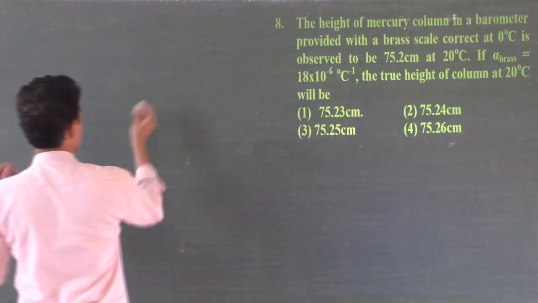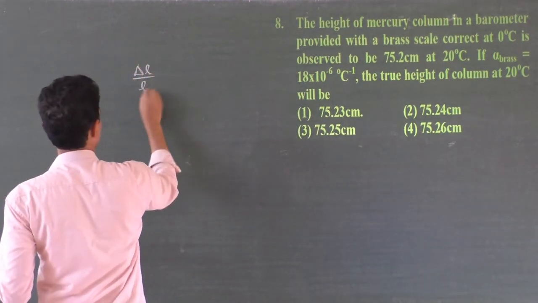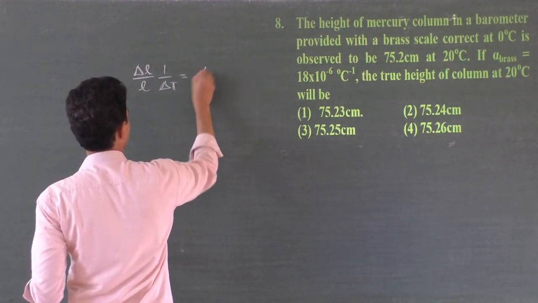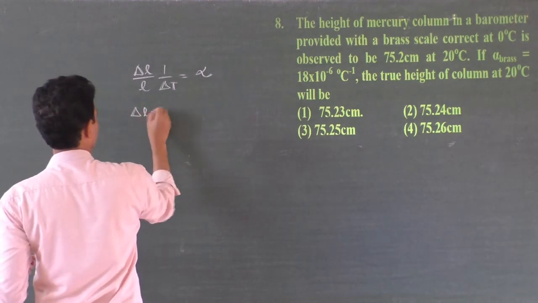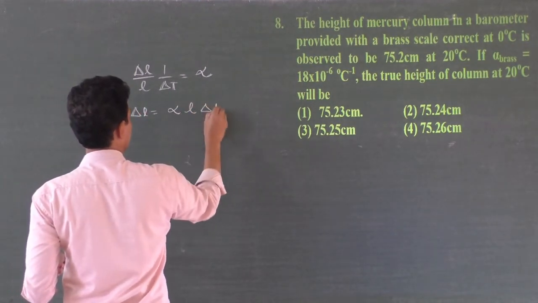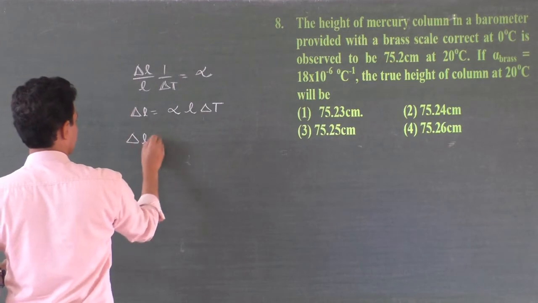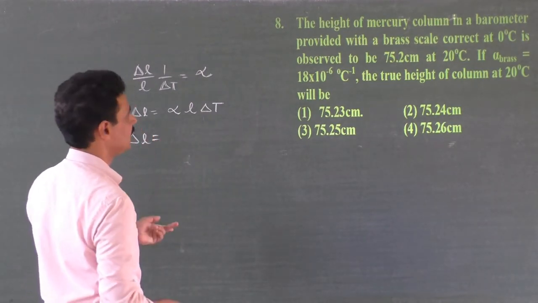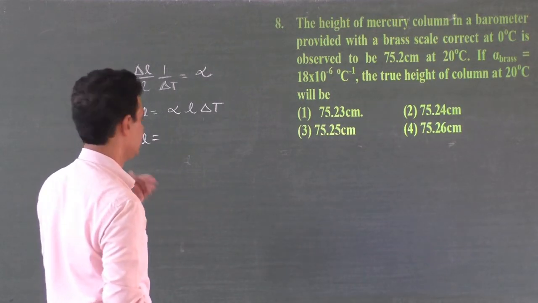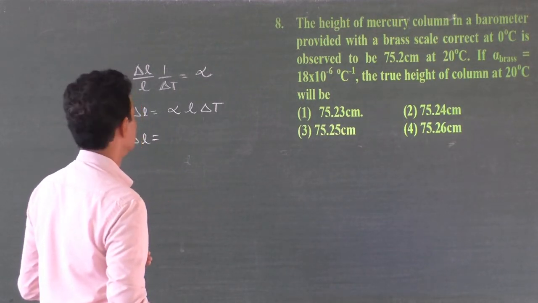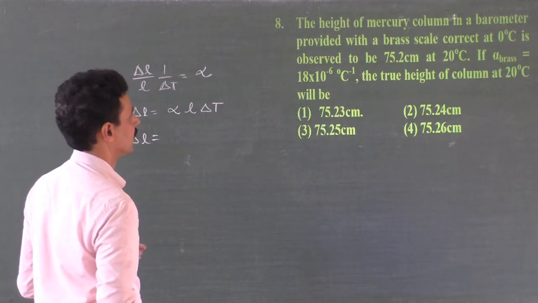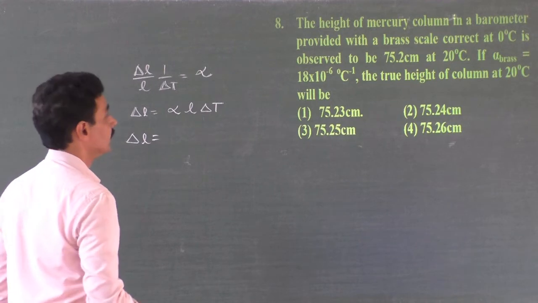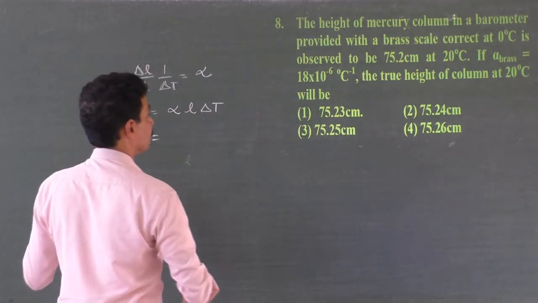We know ΔL/L into 1/ΔT, per degree rise of temperature, is alpha. So what is ΔL? ΔL = α L ΔT. The change in length of the brass rod when it is heated from 0 to 20 degrees Celsius, which gives the true height of the column.